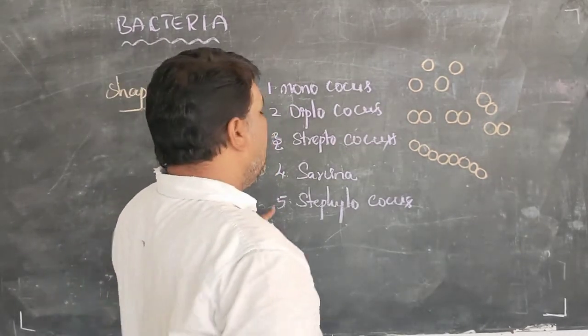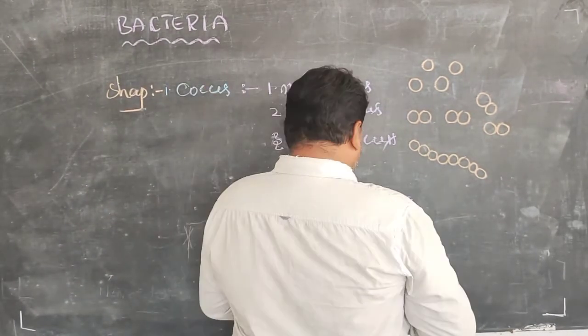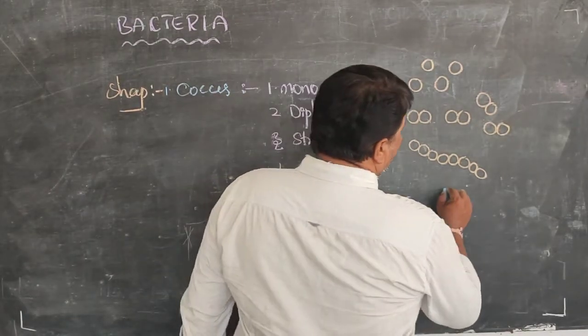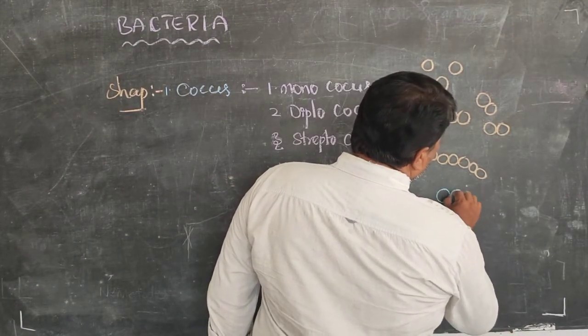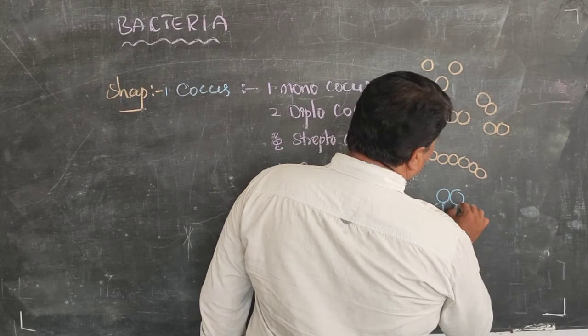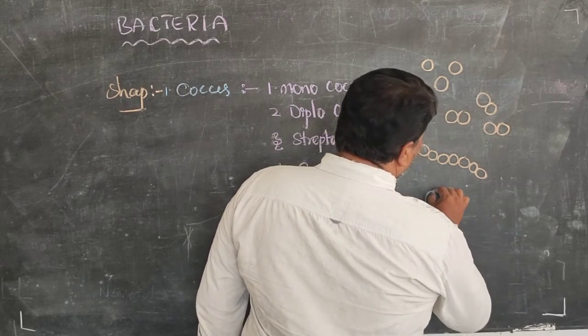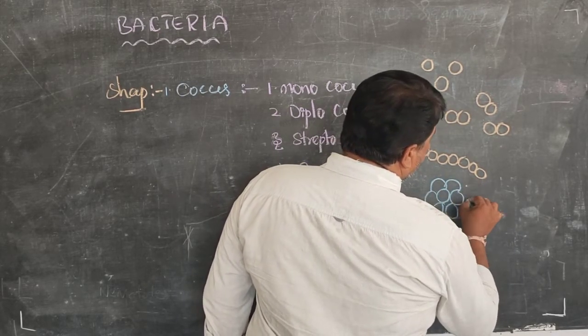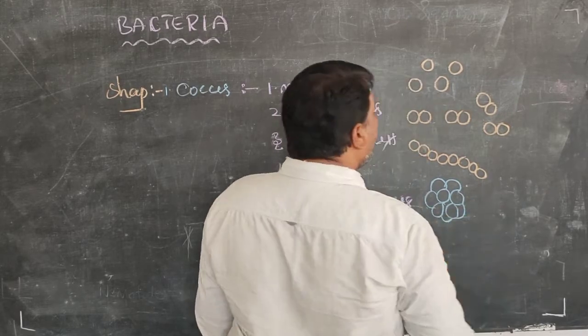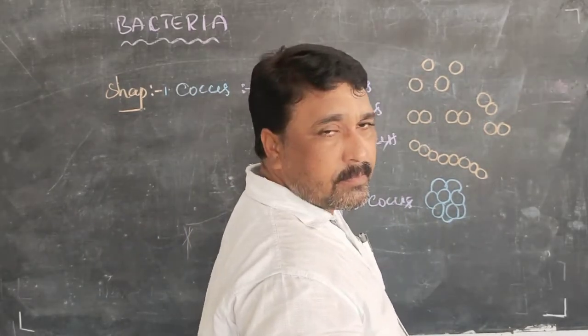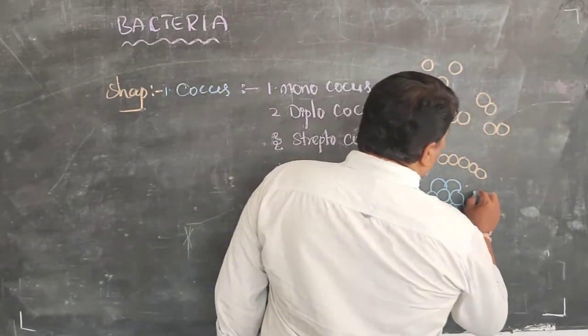Sarcina: the spherical bacteria occur in groups of 8 cocci, a cuboid structure.